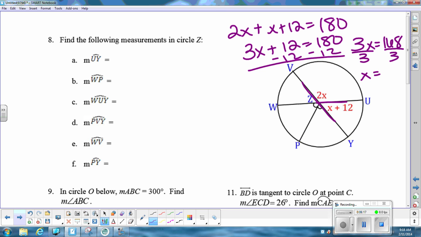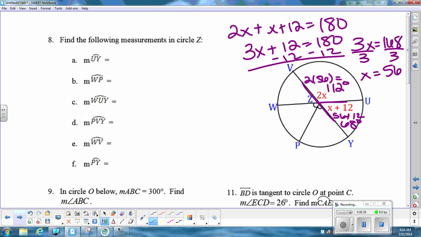We get x equals 56, so we plug it in. 2 times 56 is 112. And then 56 plus 12 is 68 degrees.